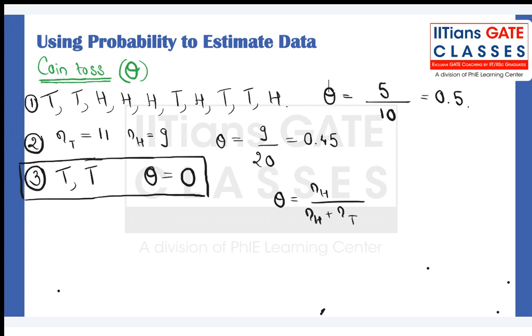What you might tell me is, whenever I buy a new coin, I buy under a very simple assumption that the probability that I will get head is 1 by 2.